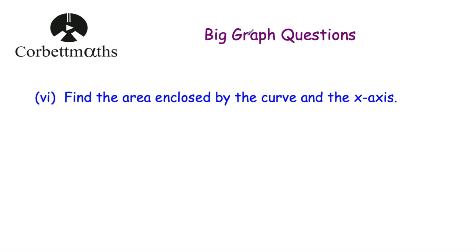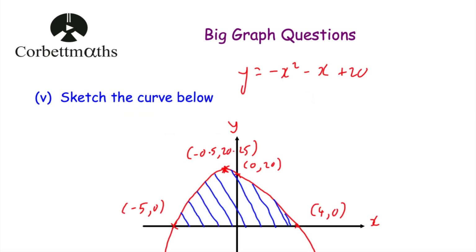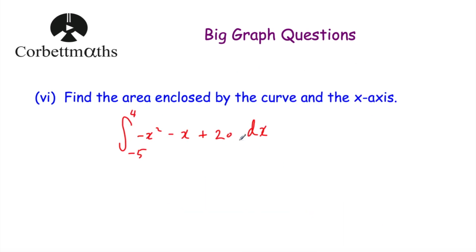So let's write it down: we're going to find the integral of the equation of the curve, which was minus x squared minus x plus 20 with respect to x. You can put that in brackets if you wanted to, and we're going to integrate it between 4 and negative 5. Let's just check that we've got those values right, 4 and negative 5. So to find that area, we're going to integrate the curve between 4 and negative 5.